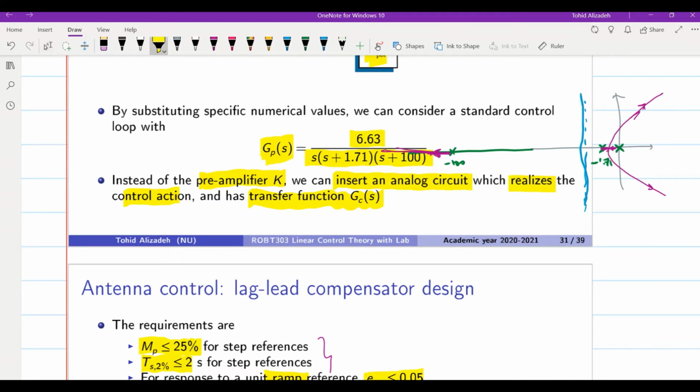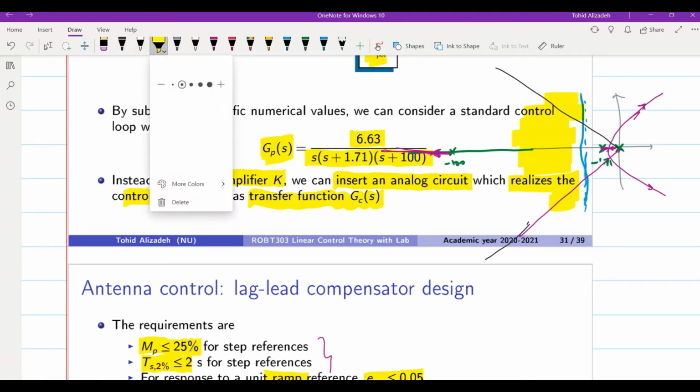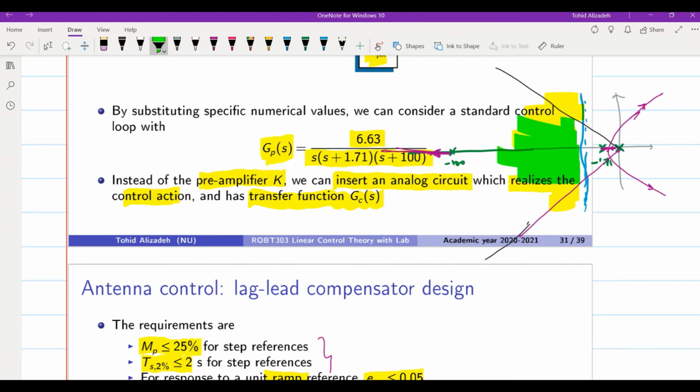So this one will be for the settling time, and then for the overshoot, you would need to take the intersection of the 2 into account. So we would need to place the closed loop poles of the system in this area.